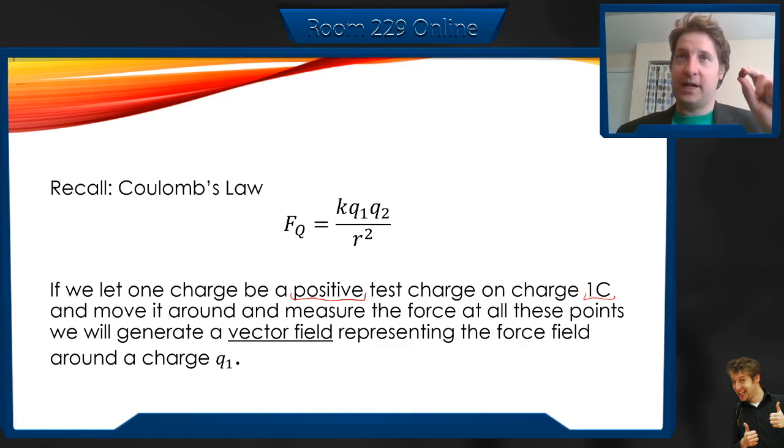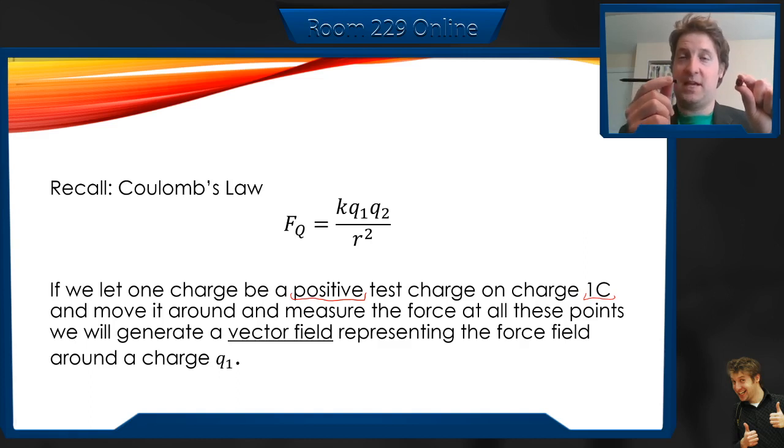And I can assign to this point, this charge, a value. And let's set a reference point. This will be my origin. And I'm going to pick a point somewhere here, let's say, and I'm going to calculate the force felt here on 1 coulomb. And that's going to define, let's say this is positive, some arrow that shows the force there.